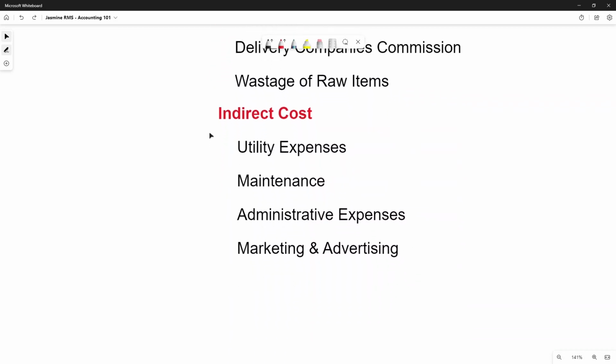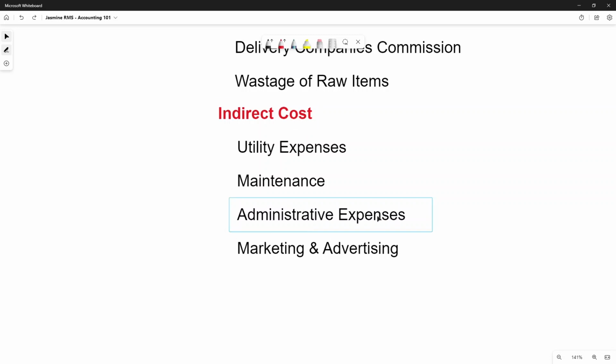We also have indirect cost, which comes from utility expenses: electricity, gas, internet, maybe cable, everything that we pay for utilities. The maintenance for the kitchen equipment, for the dine-in equipment, for silverware, everything comes here as indirect cost.